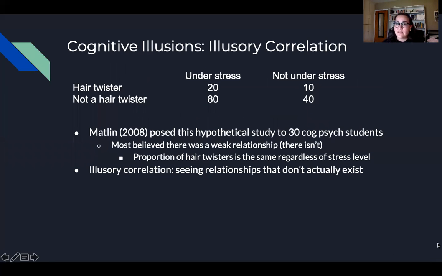So again, like I was saying, this phenomenon of seeing non-existent relationships is called illusory correlation. And even though this data seems simple enough for me to understand and it's plausible, therefore I'm being influenced by those assumptions about this data, right?